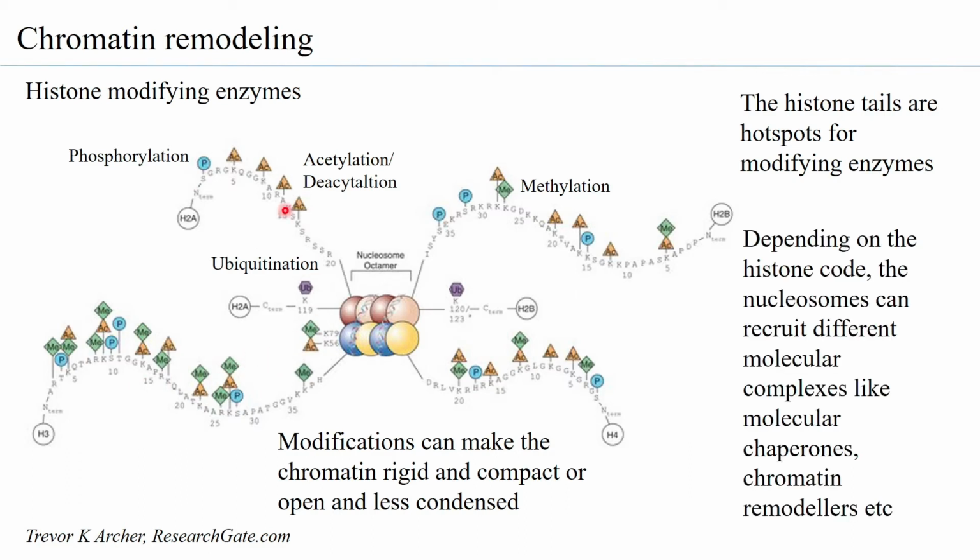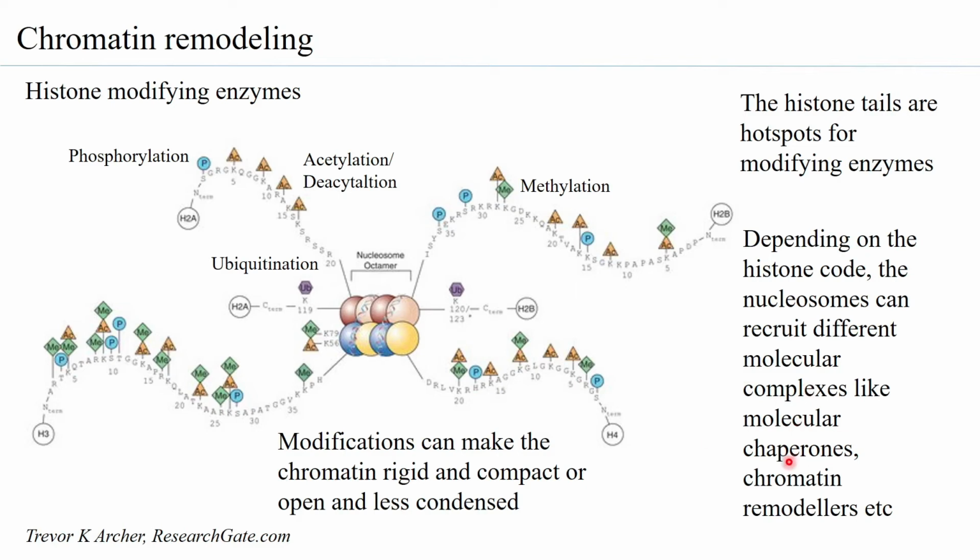And like mentioned, these histone codes that are formed can be read by different complexes. These molecular complexes are, say for example, molecular chaperones. We all know that molecular chaperones are complexes that can help in folding or unfolding of DNA, or can help in assembly or disassembly of proteins.